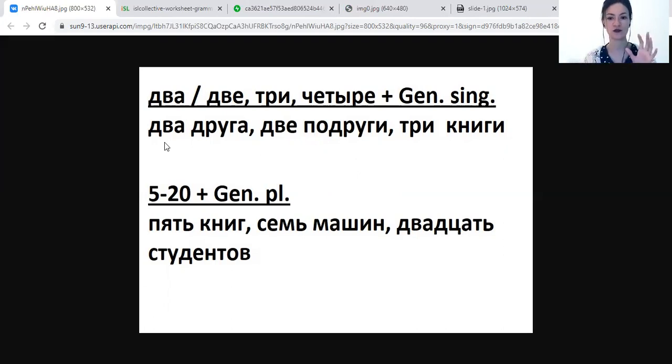You cannot use nominative plural. It's a mistake. You cannot say два друзья. Also a mistake. Drugi, actually, this form doesn't exist, but all foreigners try to make it. So you should say genitive singular after два, три, четыре.